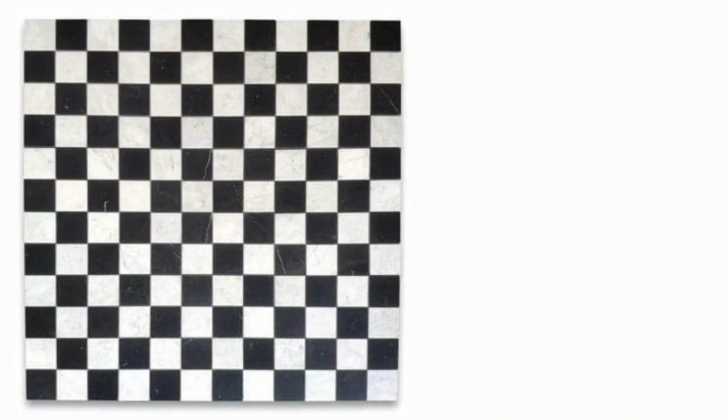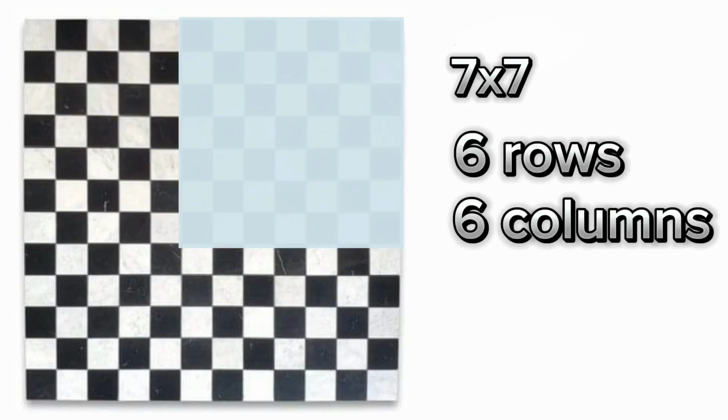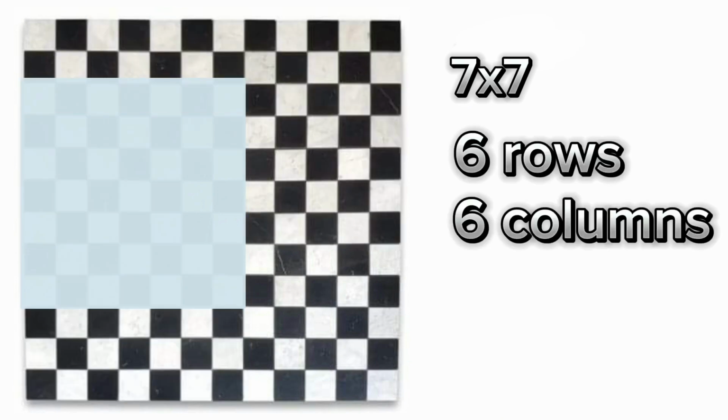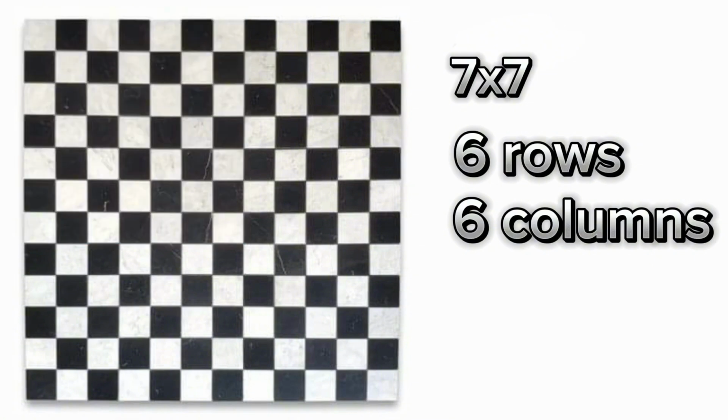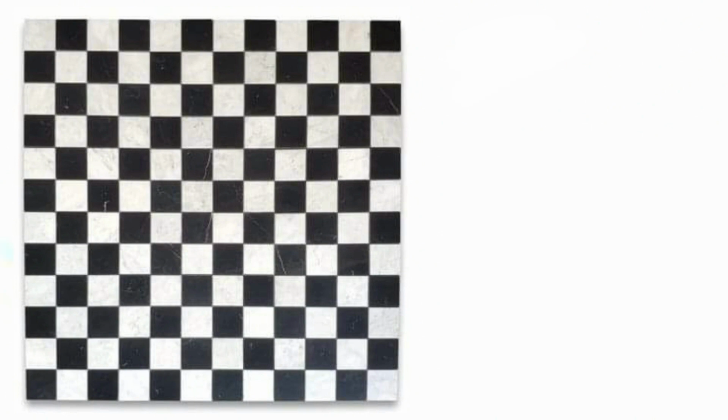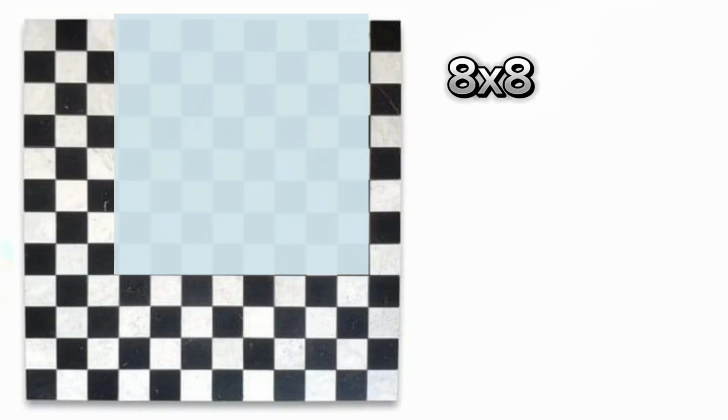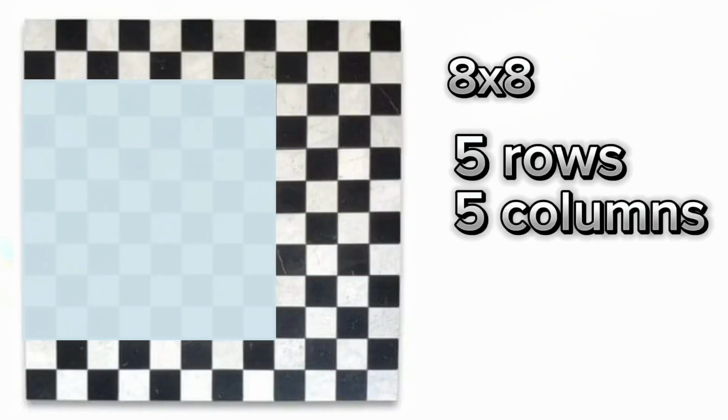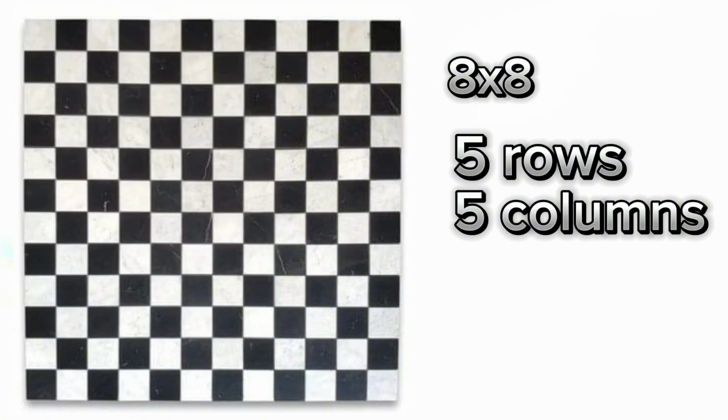The next pattern involves 7 by 7 squares with 6 rows and 6 columns. In the equation, 6 squared, we find a total of 36 squares. We persist in our exploration, calculating squares of size 8 by 8. There are 5 rows and 5 columns, therefore 5 squared, equating to a total of 25 squares.